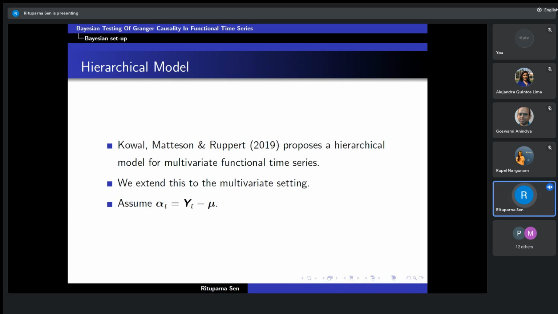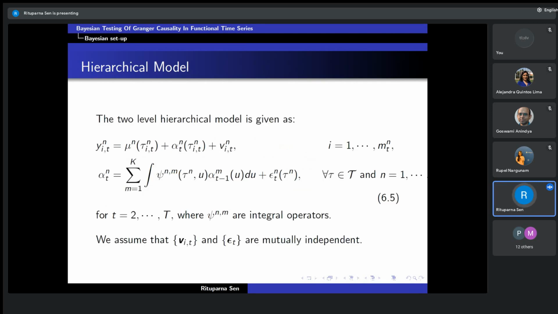So there was the univariate functional time series. We assume that alpha t is y t minus mu, then this is the specification of the two-level hierarchical model. So we have y evolving as mu plus alpha plus an error term v.